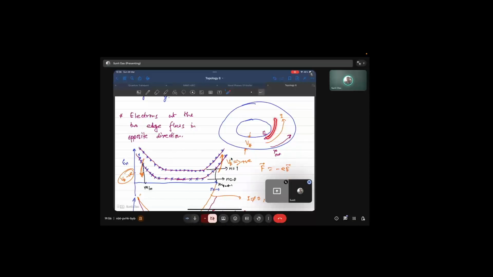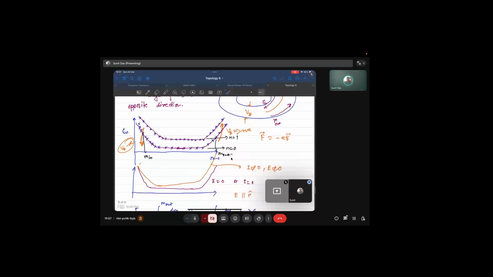So more electrons will move along this direction than that direction, and because there are more electrons here than in this part, once you measure the voltage, which is in the direction perpendicular to the applied electric field as well as the applied magnetic field along the z direction, this voltage appears as a Hall voltage.